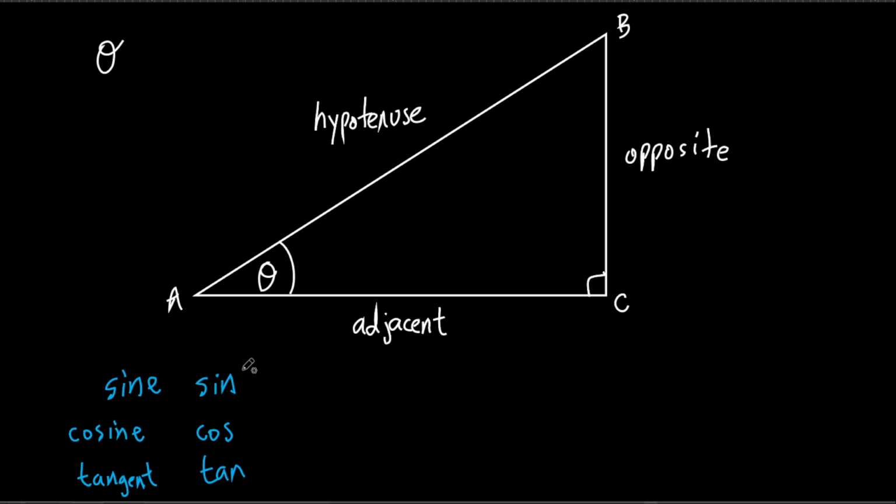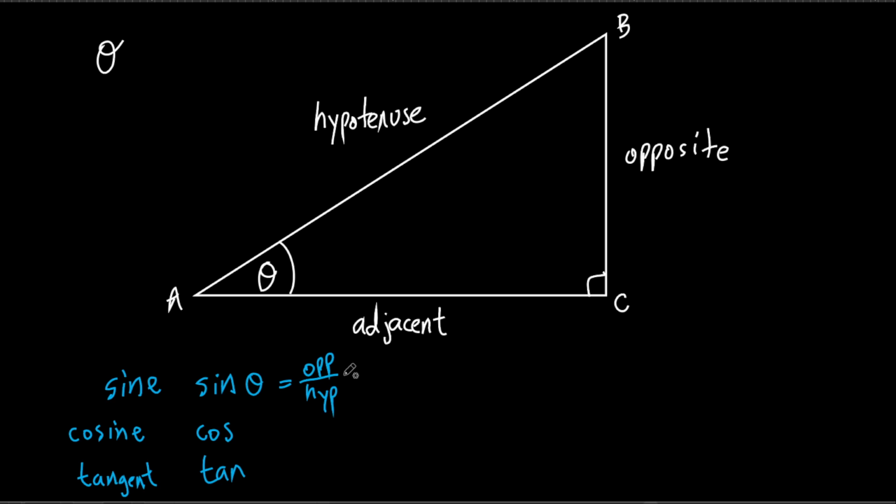Now, what we do is we always take the sine of the angle. What does this mean? It means we're looking at this angle, and the sine represents a certain ratio, a particular ratio. Remember we went through all 6 of those? So which one is it going to be? Well, I'll tell you right now. It's the opposite, and I'll just shorten that, over the hypotenuse. That's what the sine represents.